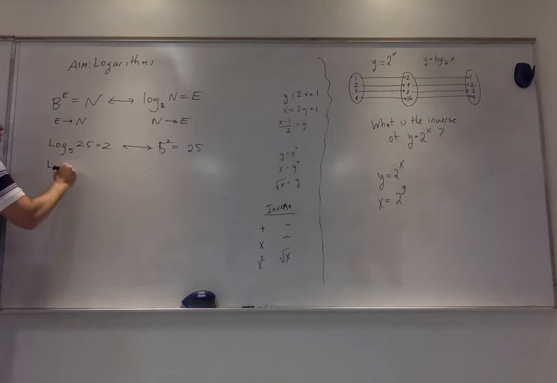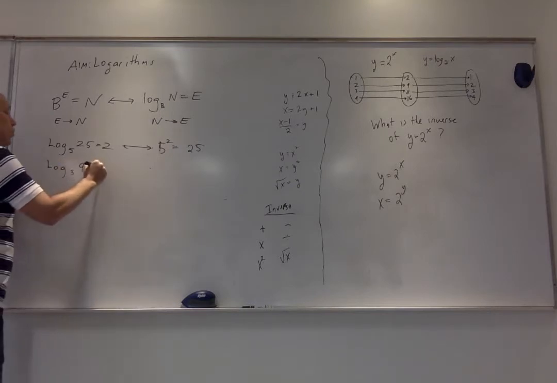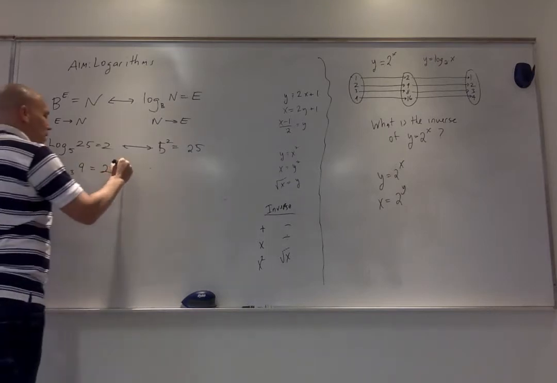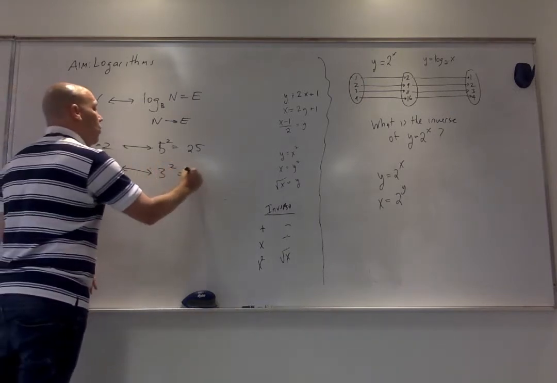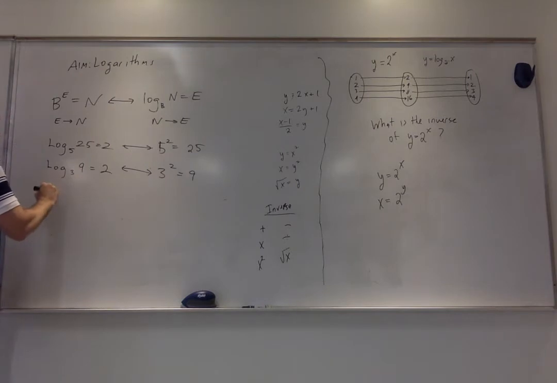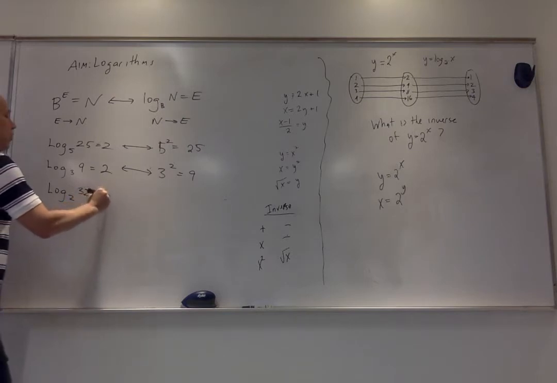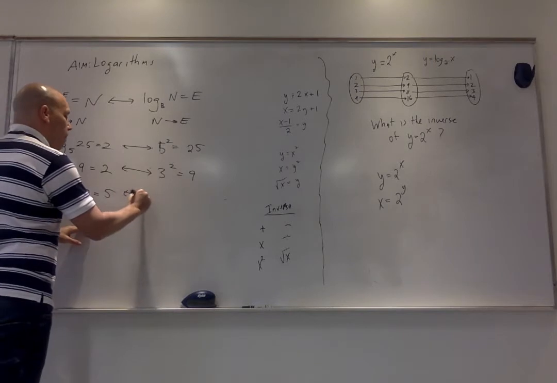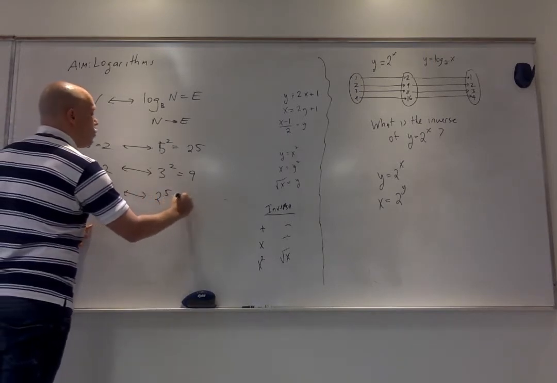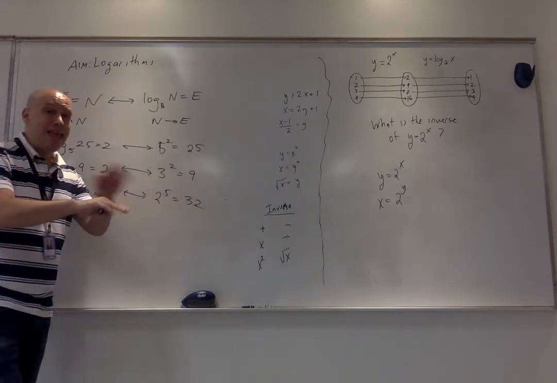Log base 3 of 9 equals 2. Once again, as an exponent, 3 squared equals 9. Log base 2 of 32 equals 5. And this is in logarithm. In exponents, 2 to the 5th equals 32. That's it. That's all it is.